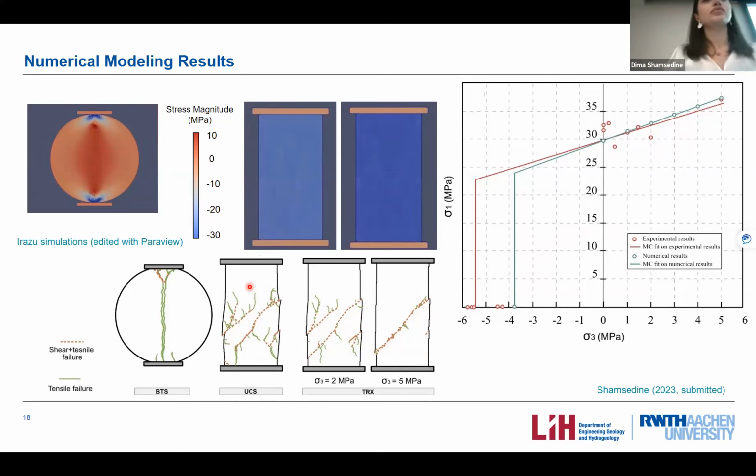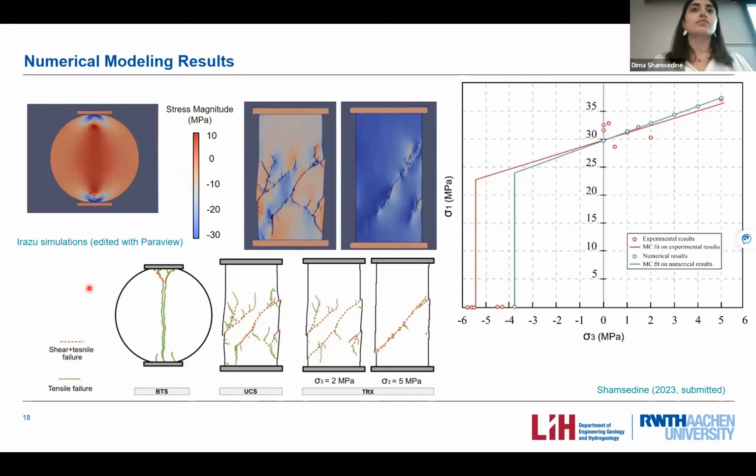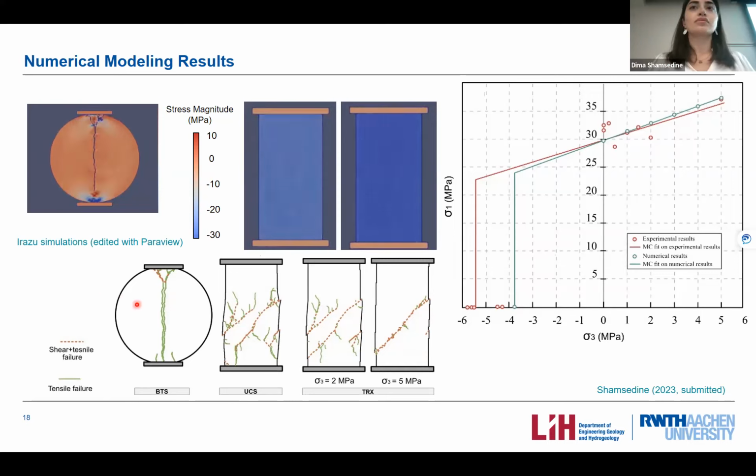Ah, these ones. Yeah. They are, sorry, from the numerical model, and you can see here the shear and tensile failure. These data are provided by the model.